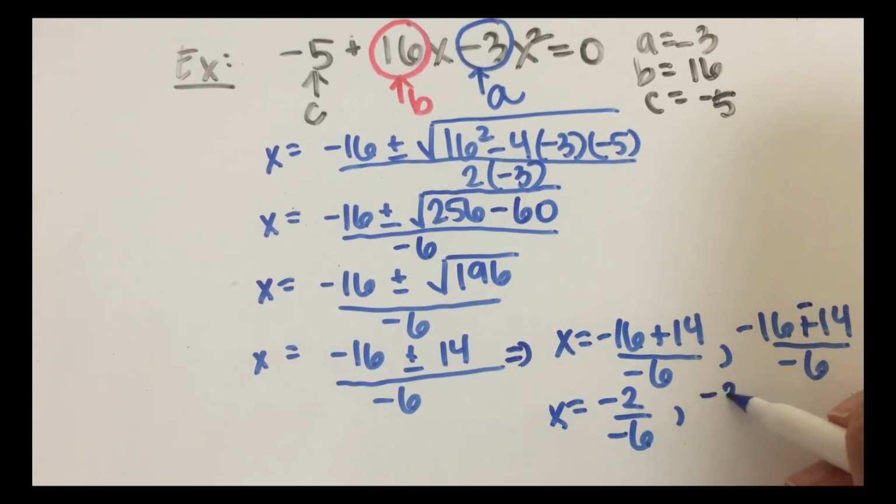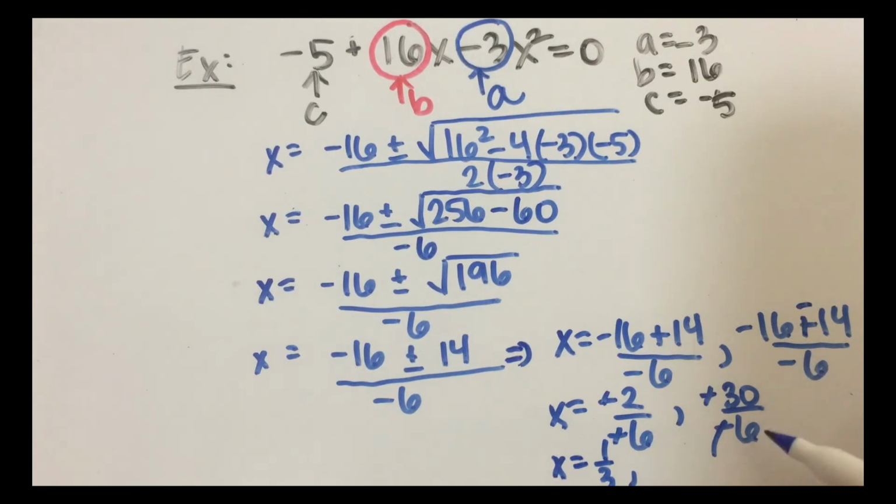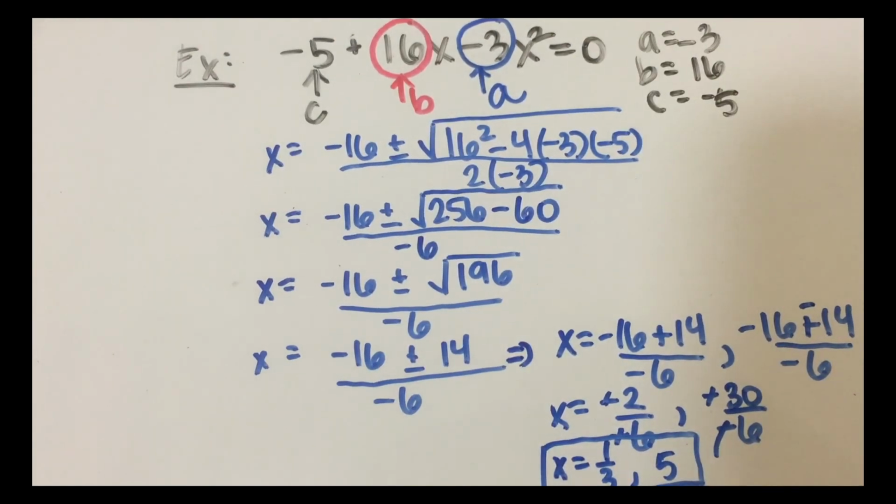So I get -30 divided by -6. Here the negatives will cancel, and if I divide 2 from top and bottom, I will get x equals 1/3. Similarly, I'll cancel out the negatives, and then 30 divided by 6 will be 5. So my final answer will be x equals 1/3 and 5.